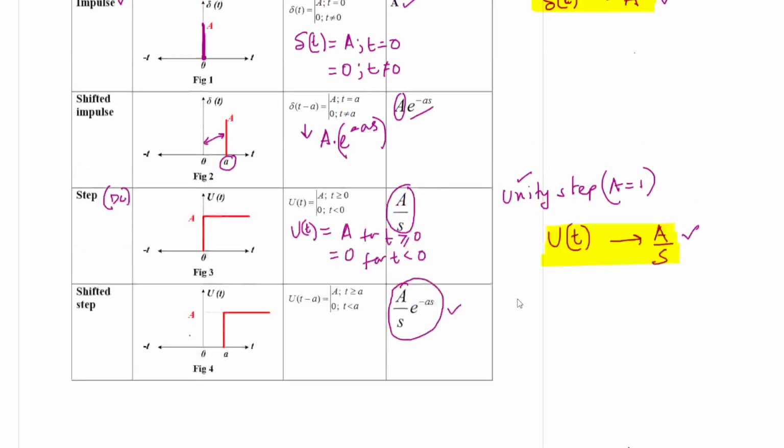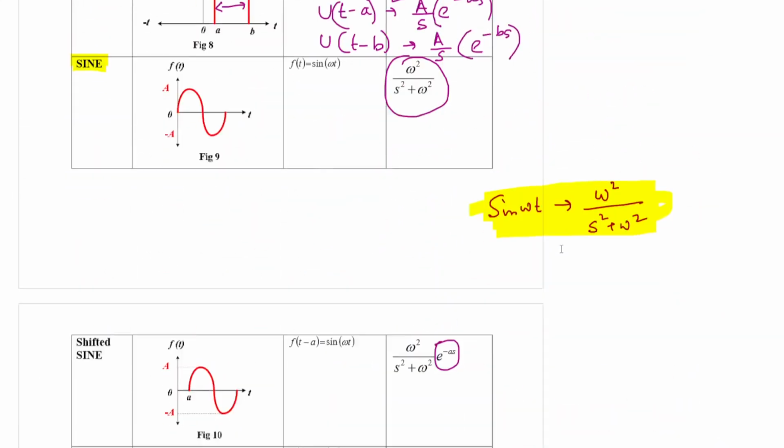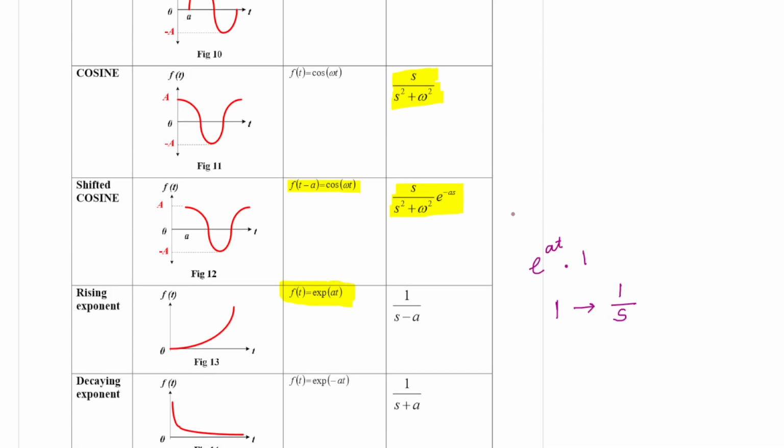Now let us go back to the theorem, property number 6, the multiplication rule. You see it is e to the power minus at into f(t). Here, for this example, this is multiplied in the time domain by a factor e to the power at, into 1.